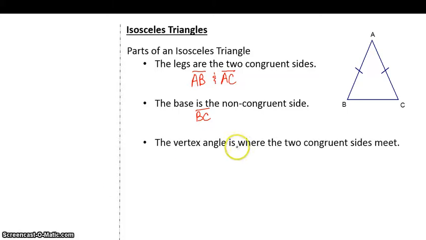The vertex angle is where the two congruent sides meet. So if they ask you to list the vertex of the triangle, it's where the two congruent sides meet. In my picture, angle A is the vertex angle.